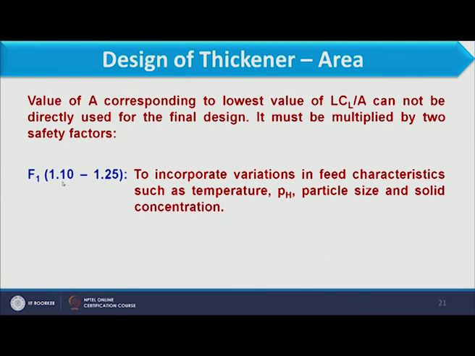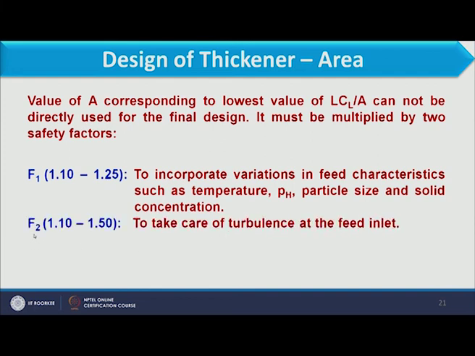First is F1, which varies from 1.1 to 1.25. It is used to incorporate variations in feed characteristics such as temperature, pH, particle size and solid concentration. Similarly, the second factor is F2, which ranges from 1.1 to 1.5, and it takes care of the turbulence at the feed inlet.